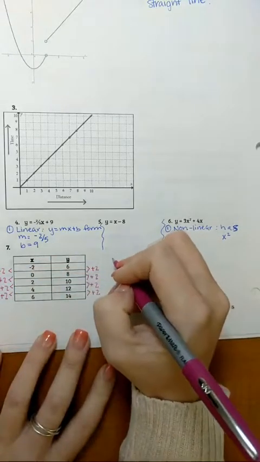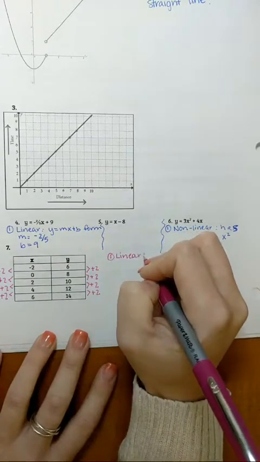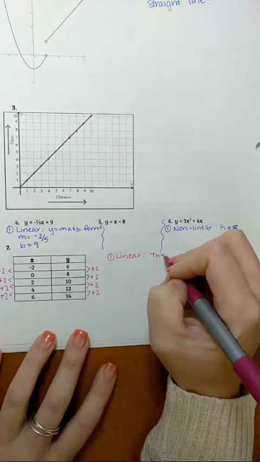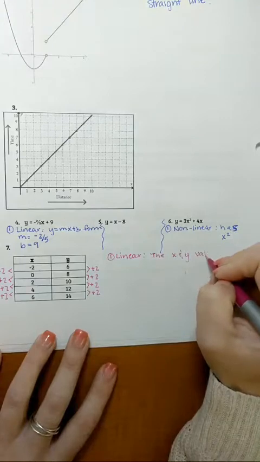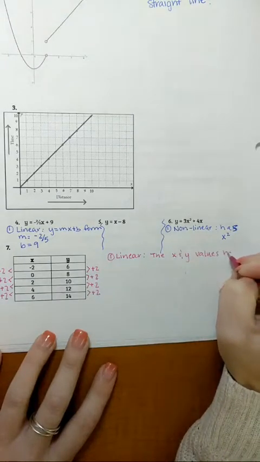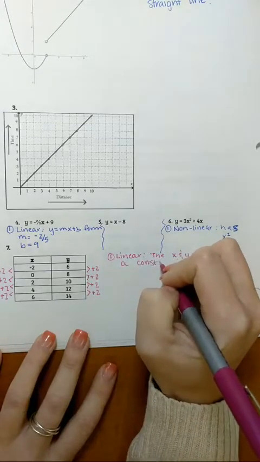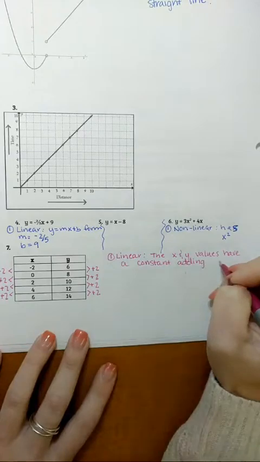So this is linear, and that is because the x and the y values have a constant adding pattern.